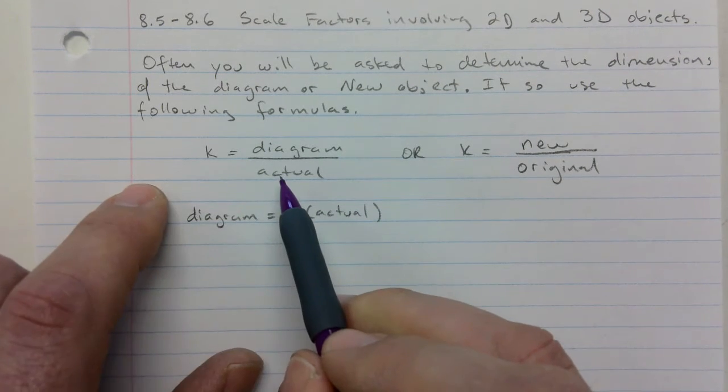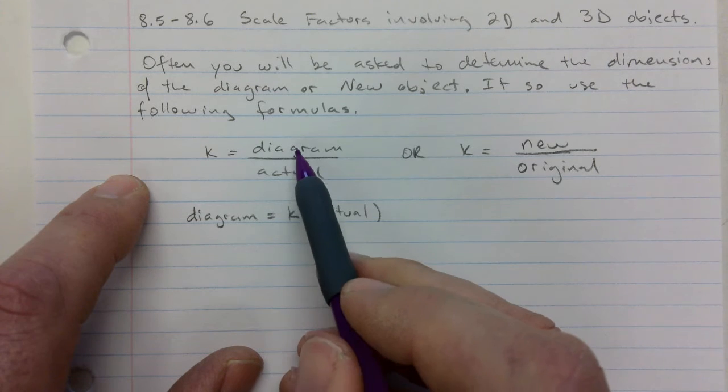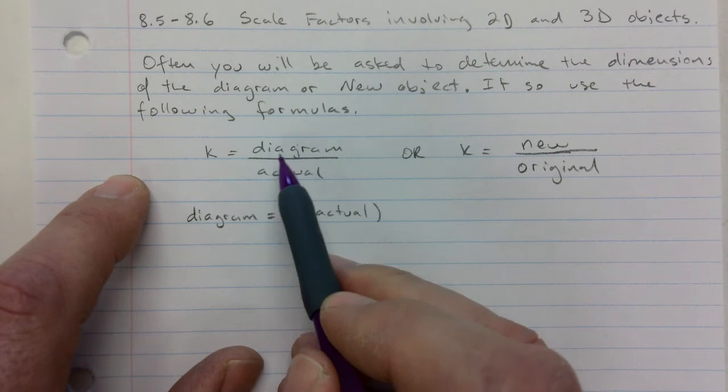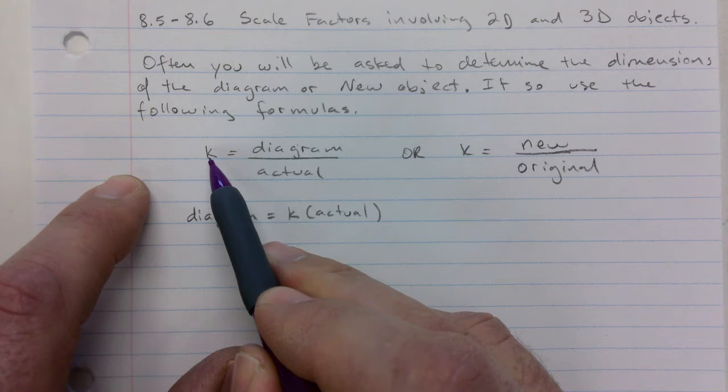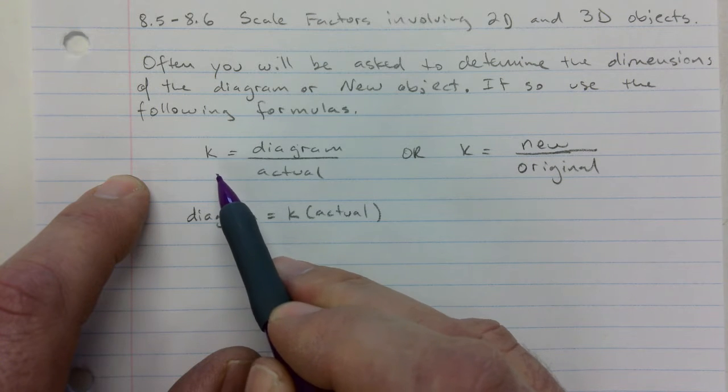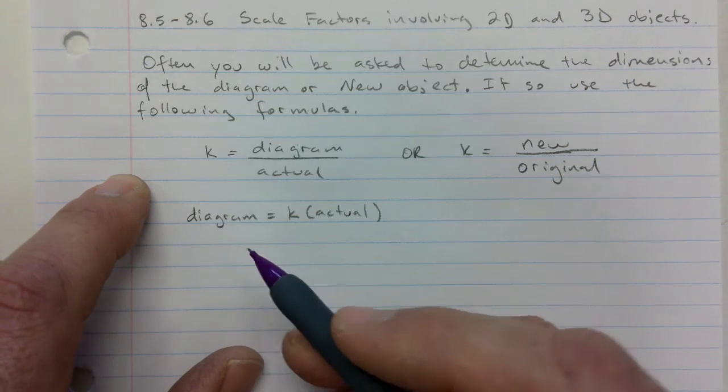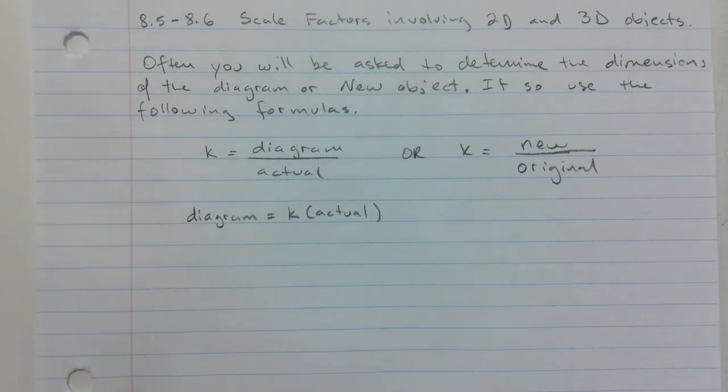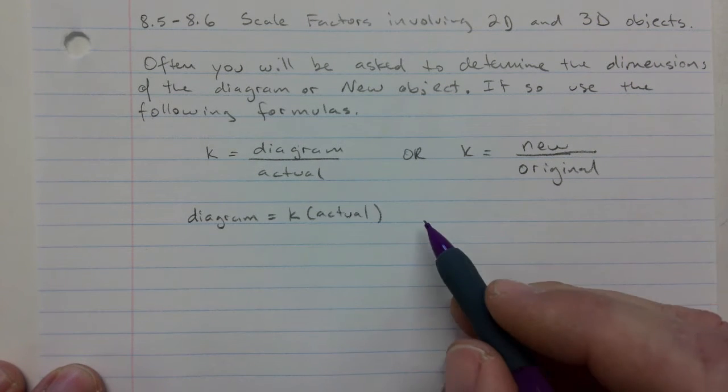Like if you think of cross multiplying and dividing, if this is your unknown here for the diagram, you would cross multiply and divide, and the dividing is really just 1 here. So to find the dimensions of the diagram, you just go scale factor times the actual dimension.